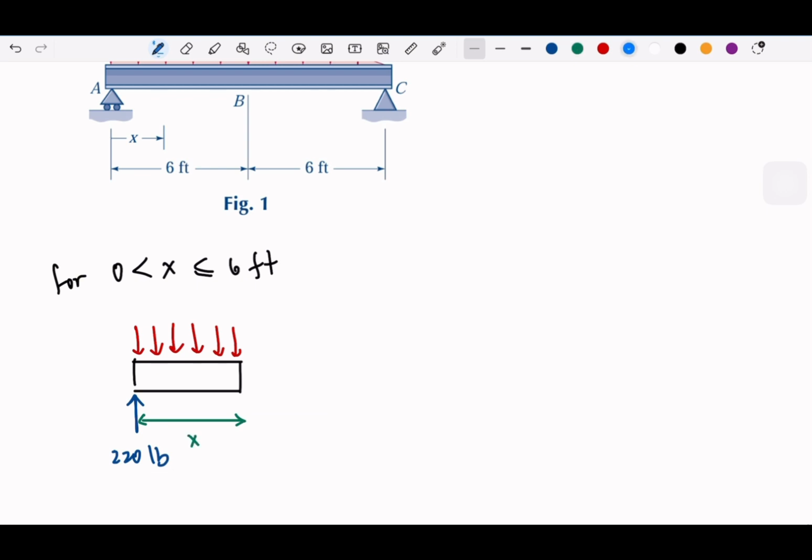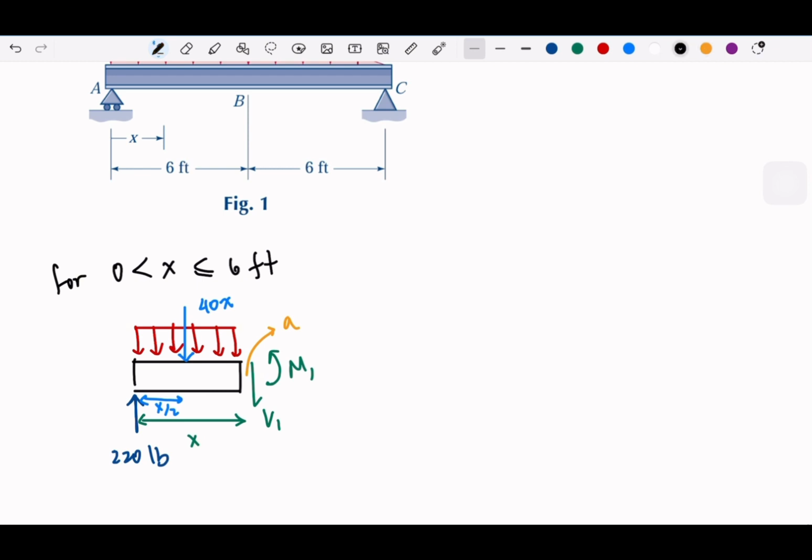With the concentrated load, this rectangle will have 40x for the load, and the distance is x over 2. And then we have V1 and M1, and suppose the name for this point is point A.